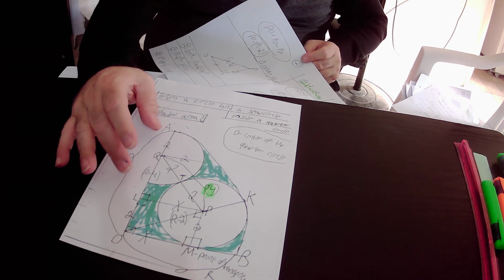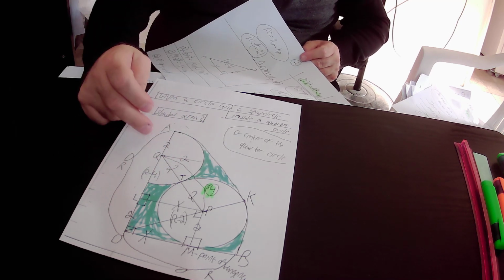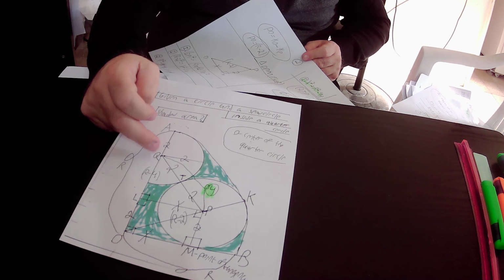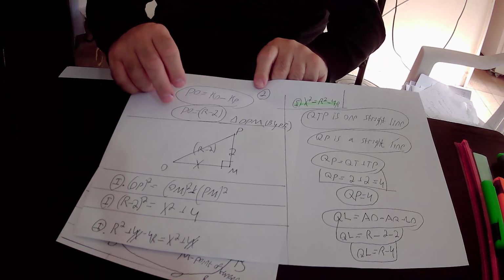Then I copied the right triangle QLP here in this page, and we implemented the Pythagoras theorem on this right triangle QLP.